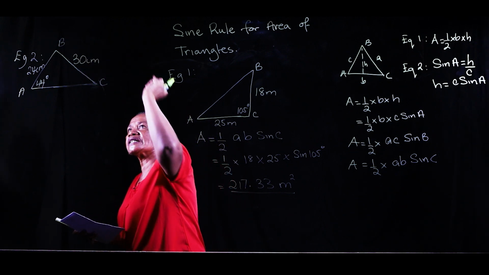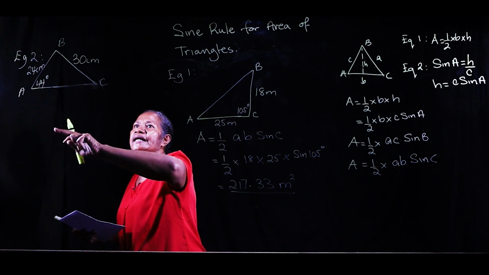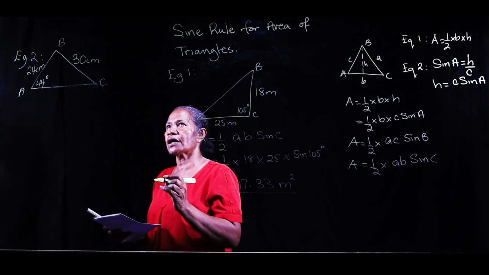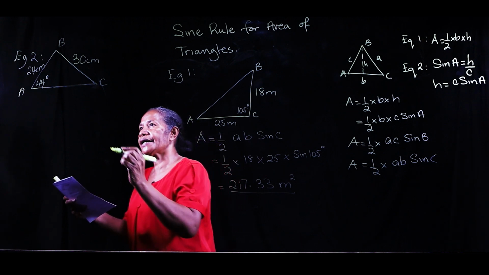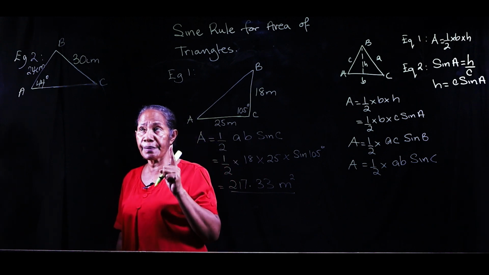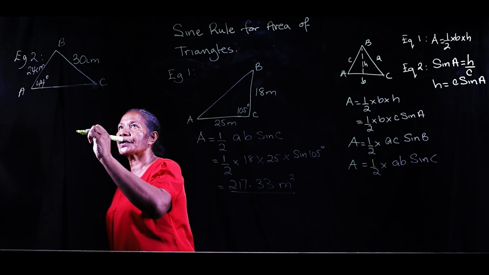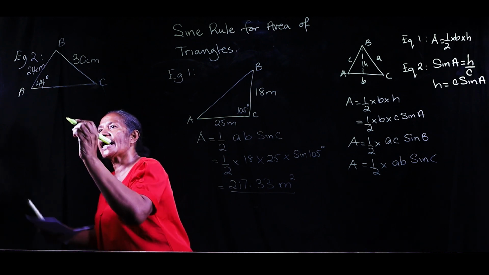As I've said, one angle is missing, so let me find this angle so that we are able to find the required area. We will start by using the sine rule, the one we were using to find the missing angle.